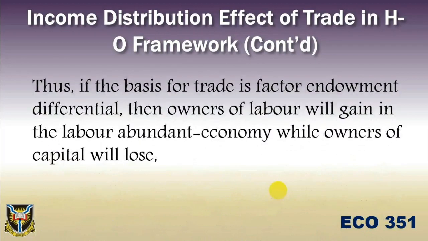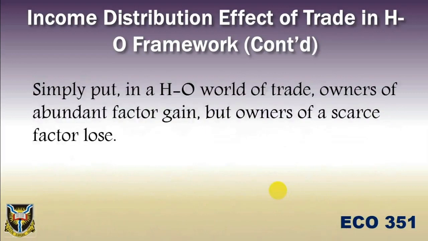Thus, if the basis for trade is factor endowment differential, then owners of labor will gain in labor abundant economy, while owners of capital will lose. Simply put, in a HO world of trade, owners of abundant factors gain, but owners of scarce factors lose.